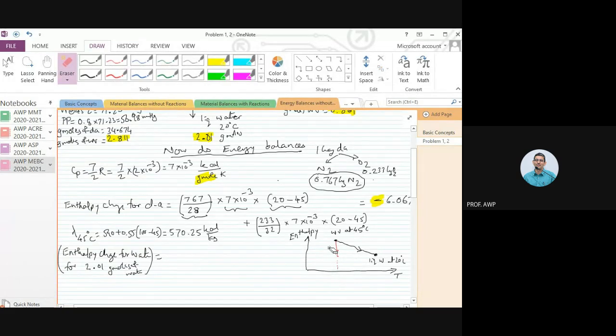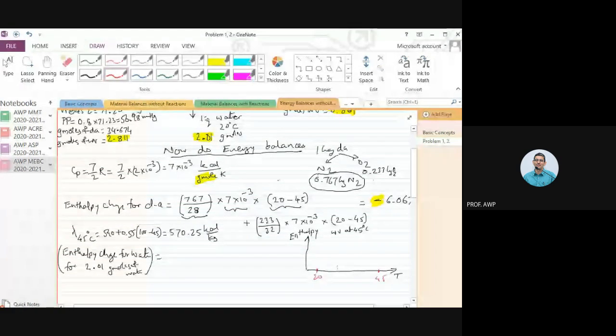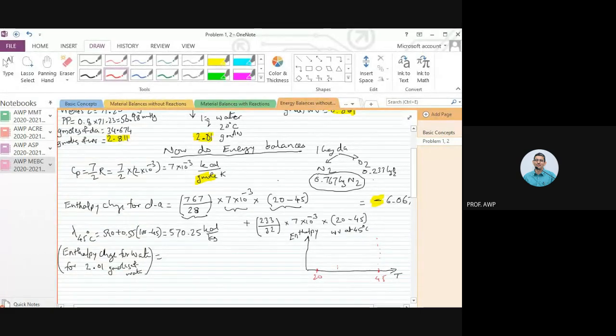Oops, I should draw the graph properly, otherwise people may object, because I have drawn a positive temperature axis. So 45 is here and 20 is here. I have water vapor, 2.811 gram moles. Part of this is going into liquid water at 20 degrees centigrade, and I'm only working on the part that is condensing, the 2.01 gram moles.